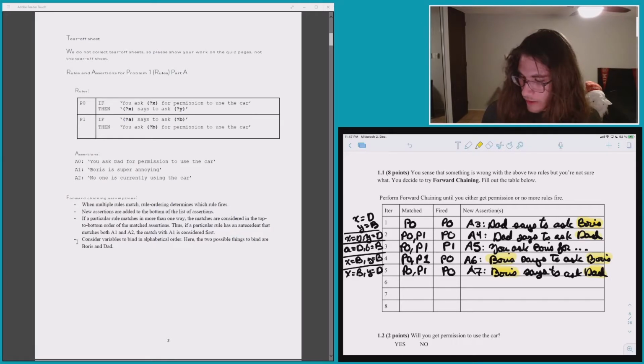The first time, assertion 5 matches with P0, and then the second time, because we're going in alphabetical order for Y, the second variable that needs to be bound, Boris says to ask dad. So we have the two possible new assertions, and now let's do another round.